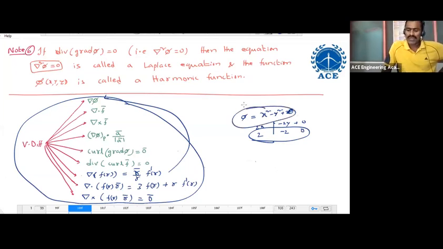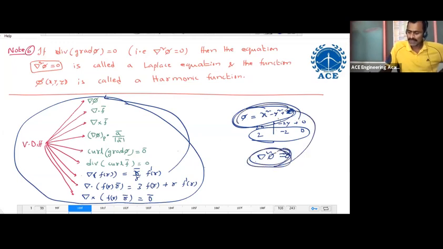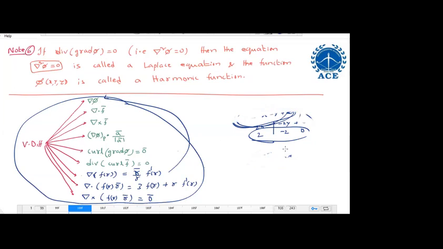This function is called a harmonic function. It is a solution of the Laplace equation. Okay, sir. Got it. Thank you.